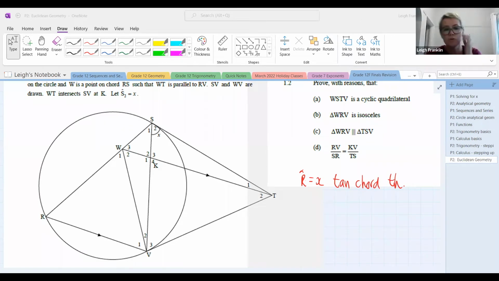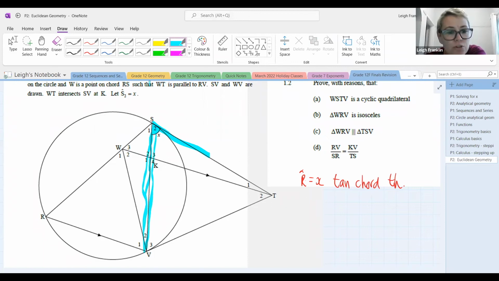Okay, so what I was trying to get you to do here was to use the tan chord theorem. Angle S2 is the angle between the tangent, being line ST, and the chord, being line SV. So this line over here.